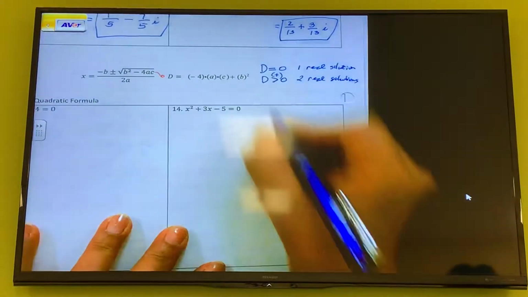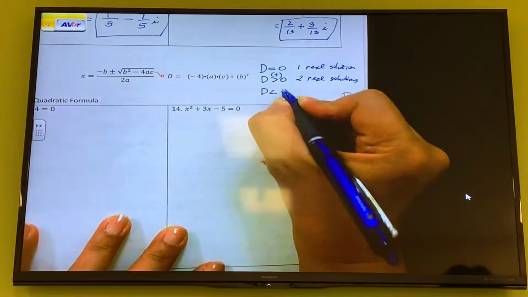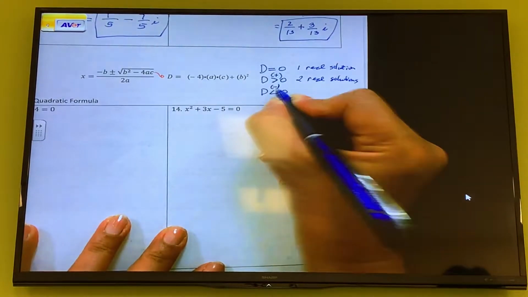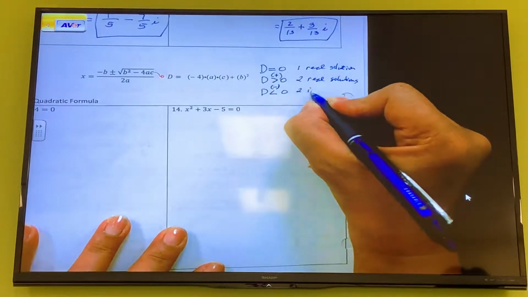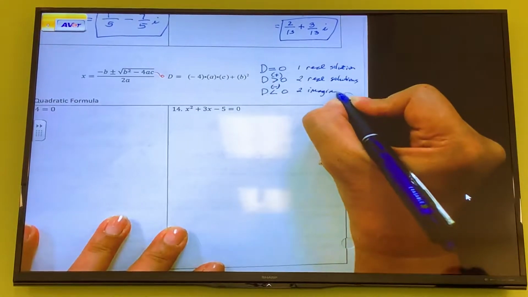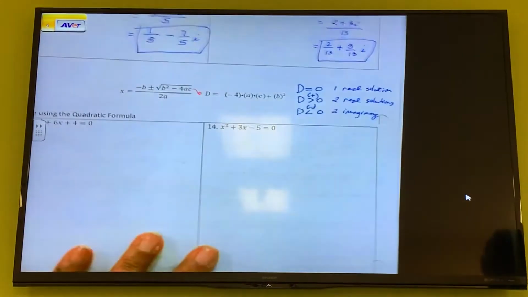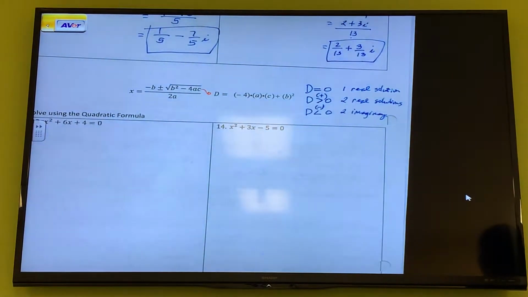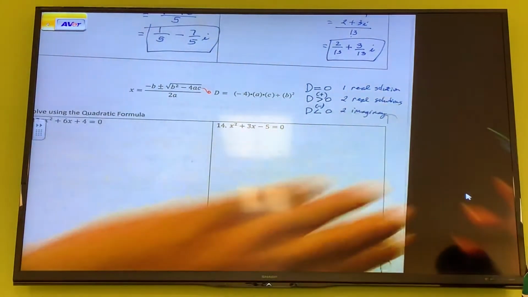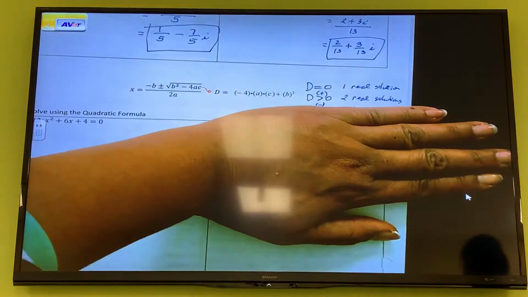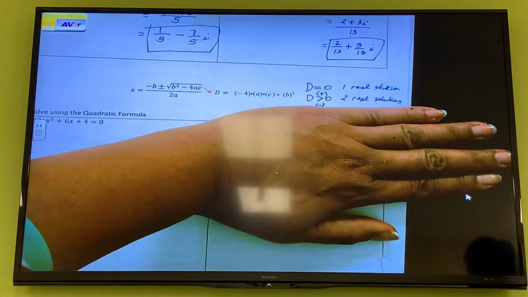But if your D is negative, that's when you know your answers are imaginary, which means you would have an i in the answer. When we're graphing, we do not graph imaginary. The only ones we graph are the real solutions.